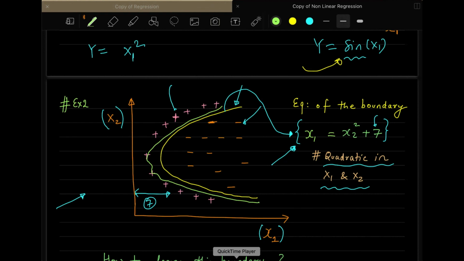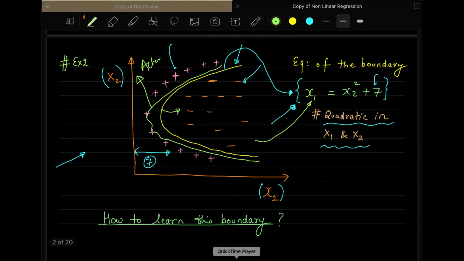So let's replace this actual curve with a somewhat approximated one which we know by ourselves. We know the knowledge of that curve, so that's why we are writing it by this particular equation. So what we observe is this is quadratic in x1 and x2. So how to learn this boundary is important. So let us see how we can do that.